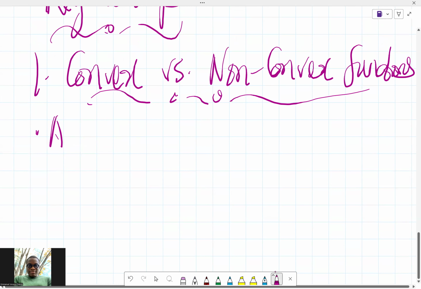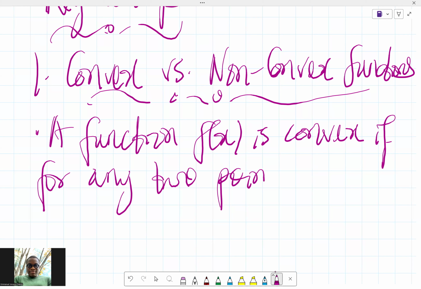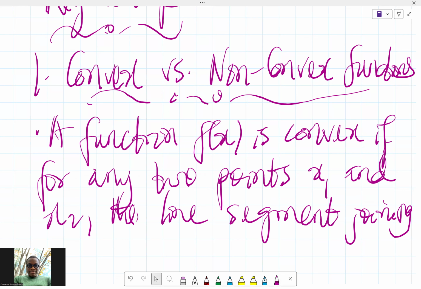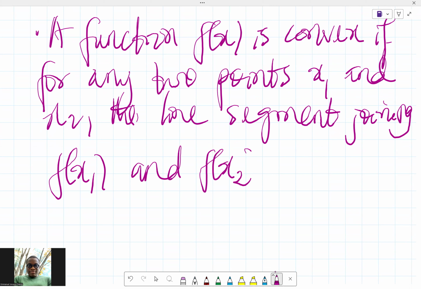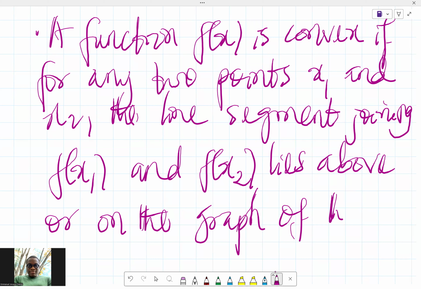So first of all, a function f of x is convex if for any two points, x1 and x2, the line segment joining f of x1 and f of x2 lies above or on the graph of the function.